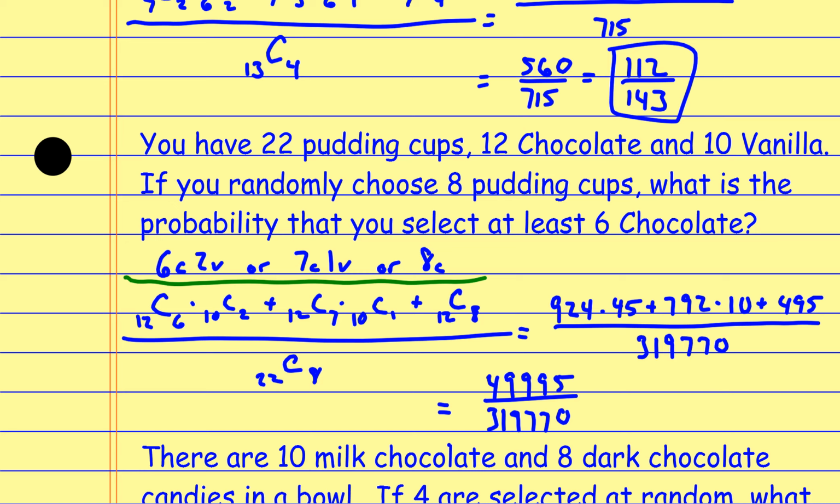And once again, I can try dividing this on my calculator to see if it will reduce it for me. Try converting it to fraction, and it does. So I get 101 over 646.